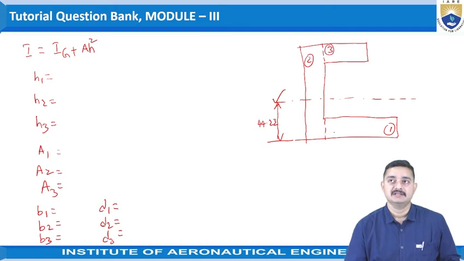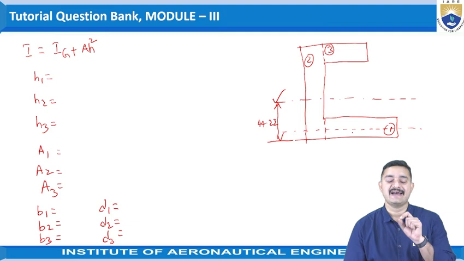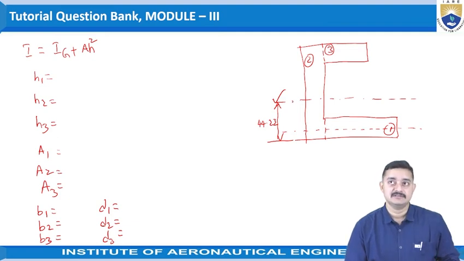That means for part 1, the centroidal axis of that part 1 would be like this. That is the axis passing through the centroid of part 1. This distance would be H1. And that H1 distance can be obtained by subtracting this 44.22 and this distance, that is given as 20.